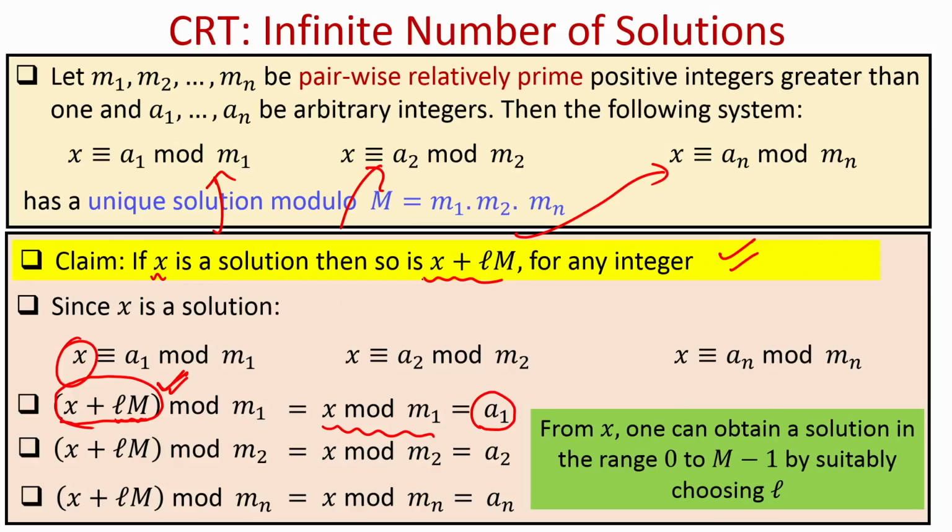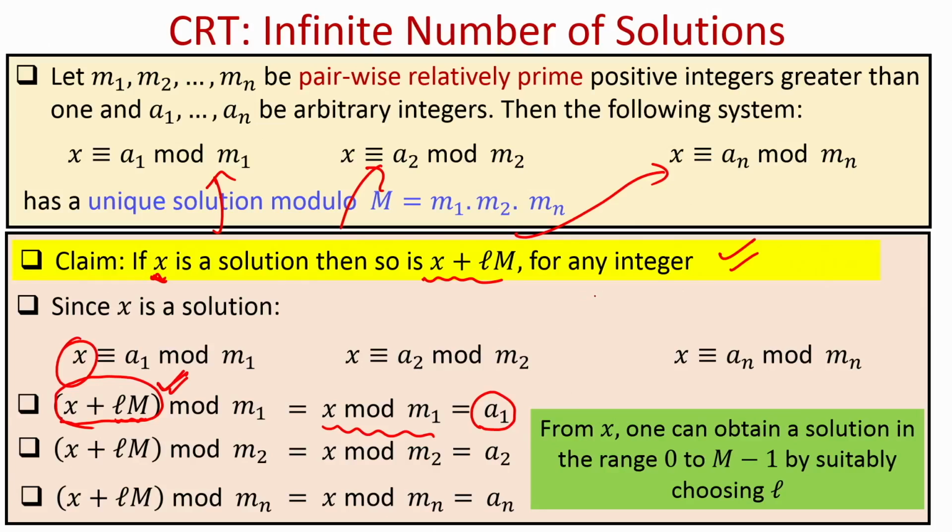So, assuming you have a solution x satisfying your linear congruences, if that x is not within the range 0 to M minus 1, then you keep on subtracting multiples of capital M from it. You make it small, because every time you subtract one full multiple of M, the new number is still a solution.